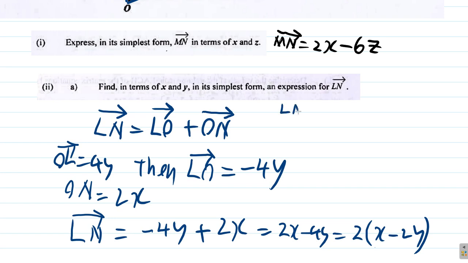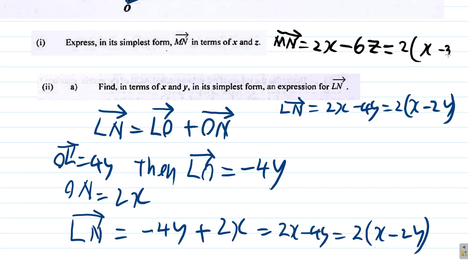That LN is equal to 2x minus 4y, which is 2 times x minus 2y. This up here that we had earlier would have been 2 times x minus 3y plus 3z if you factor out 2. Okay, so you have two answers so far, right?